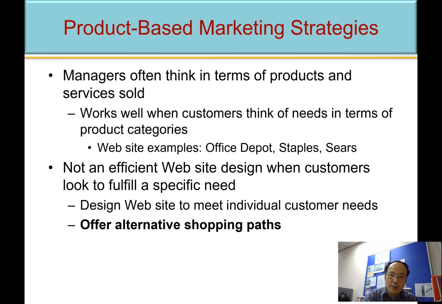When we talk about product base, what does it mean? Product base means managers often think in terms of products and services, which works well when customers think of needs in terms of product category.